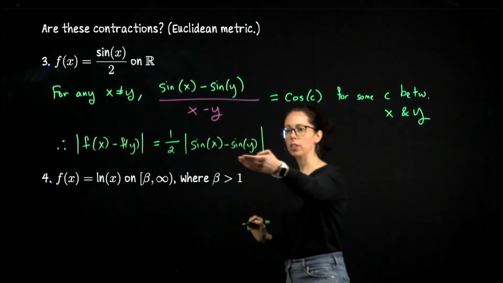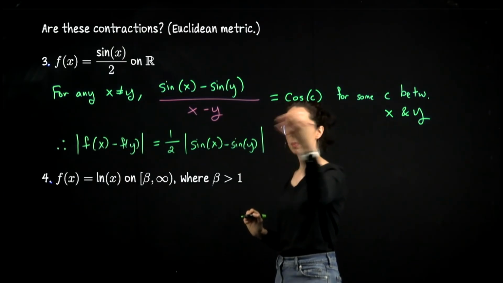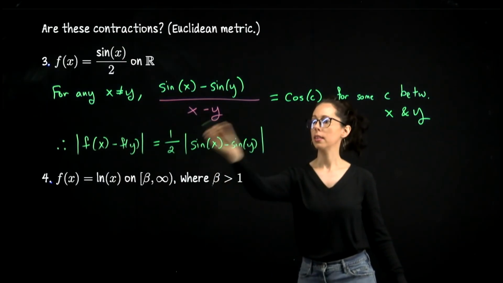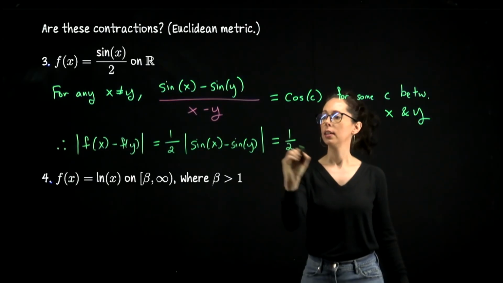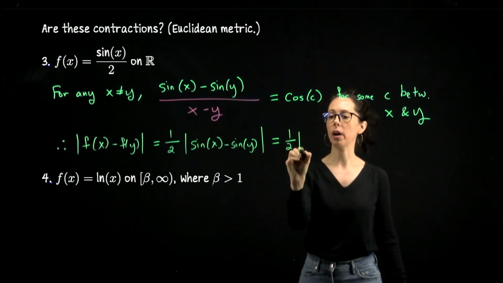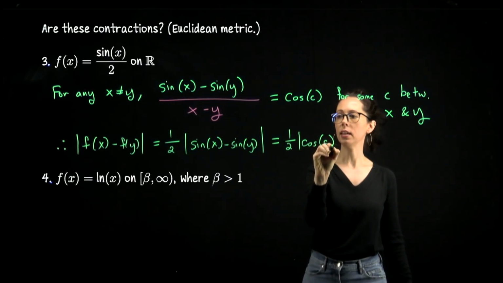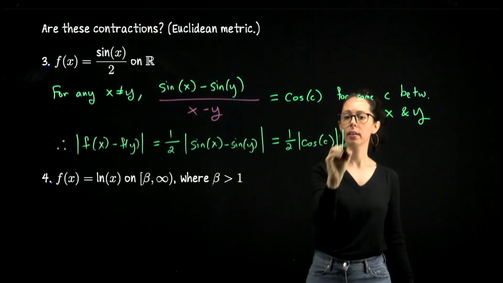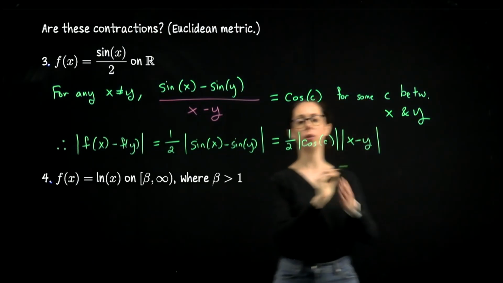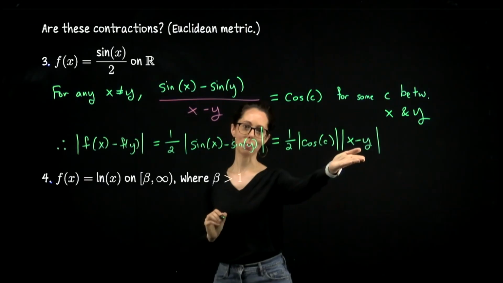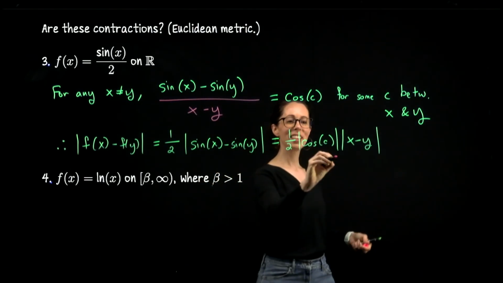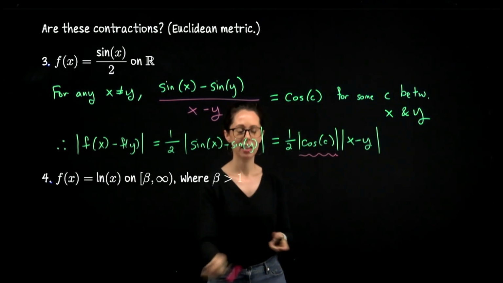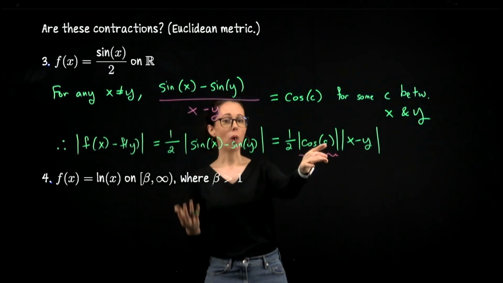Now I can solve for this absolute value in the expression up here, so that 1/2 times the distance between sine of x and sine of y can be replaced with 1/2 times the absolute value of cosine of c times x minus y, which I can write as 1/2 times the absolute value of the cosine of c times the absolute value of x minus y. This expression right here is less than or equal to 1.